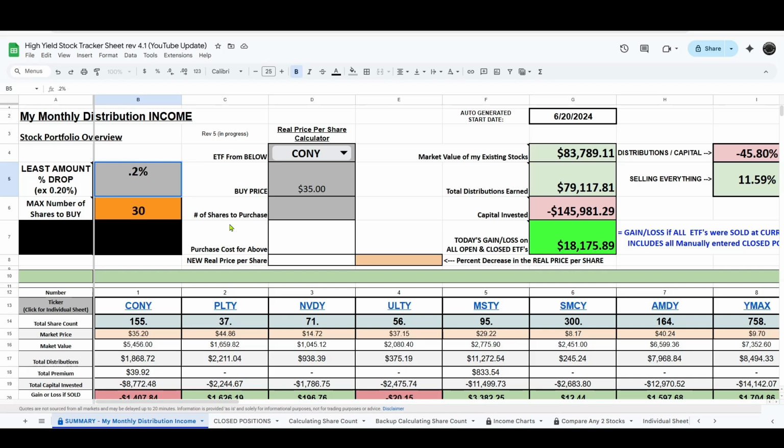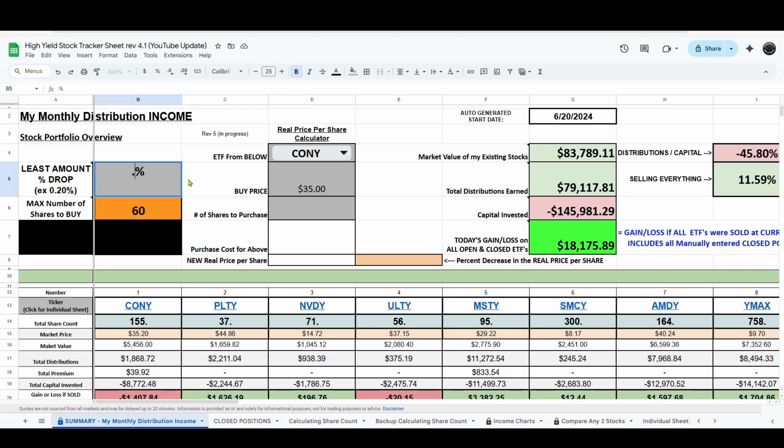So at a 0.2%, I can get up to about 60 shares. There's a lot to that, but it's just to give an idea and an estimate of about how many shares you can get so that you can get the most bang for your buck.